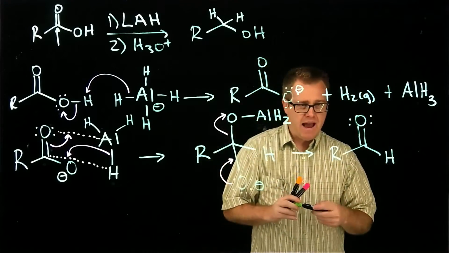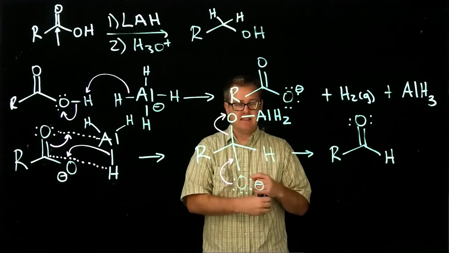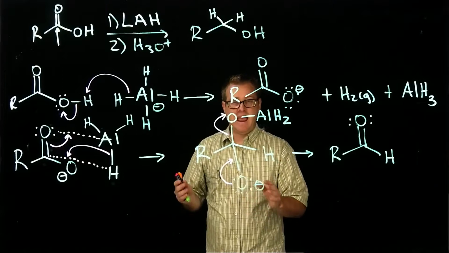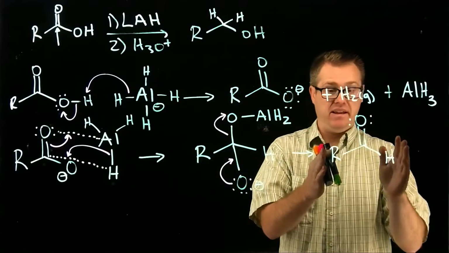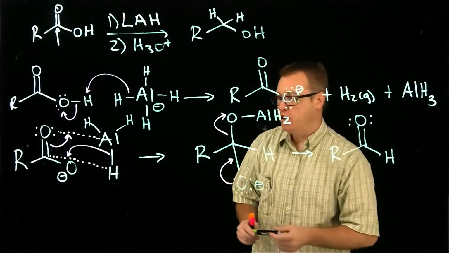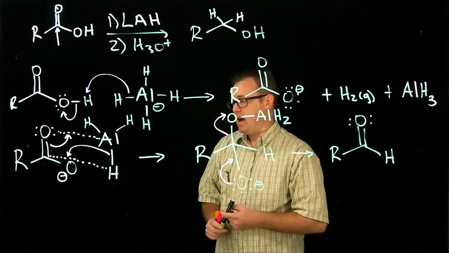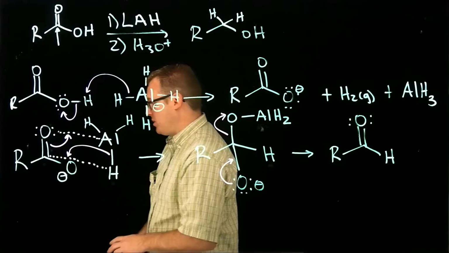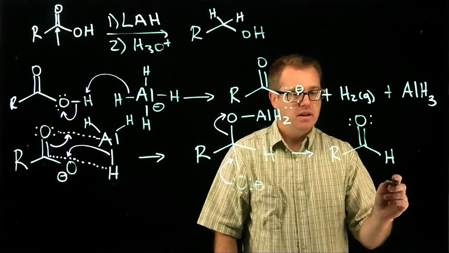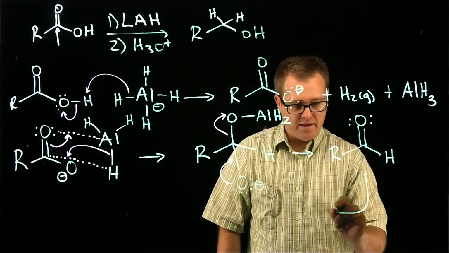Now what's going to happen is you generate this aldehyde, but with lithium aluminum hydride being present, you can't just isolate this. You cannot isolate the aldehyde, because the moment you form that aldehyde, another molecule of lithium aluminum hydride is going to come in here and reduce this. So we can go back this way now.